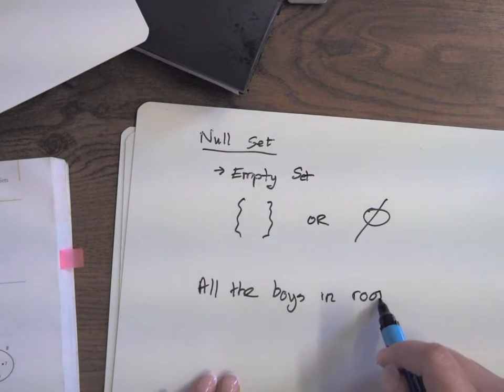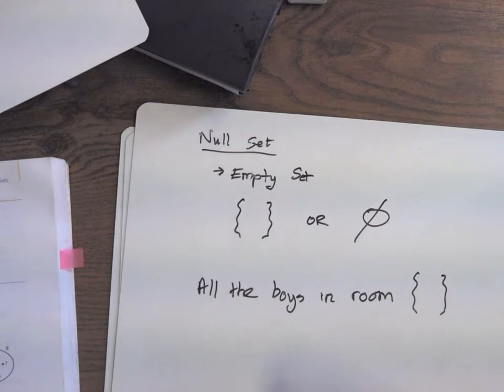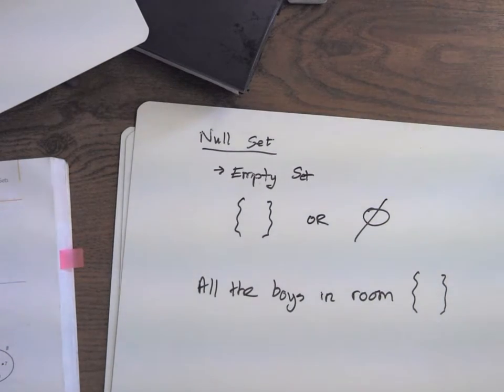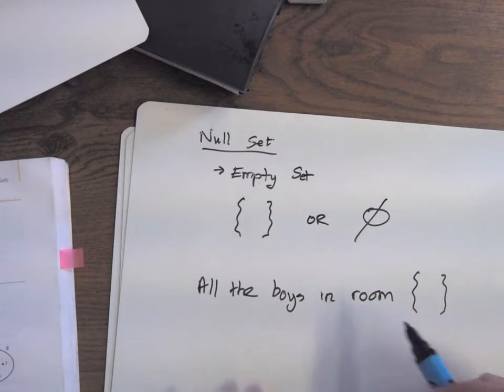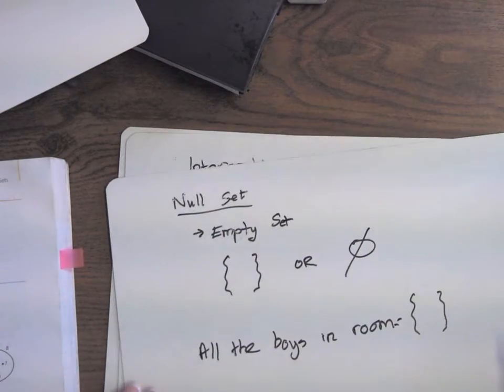There's no boys in the room, so it's the null set. Okay? Is that right? Are we okay with null set? It's a set with nothing in it. Right? Good. Can I take it away?